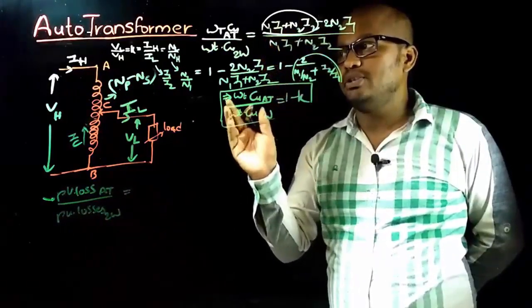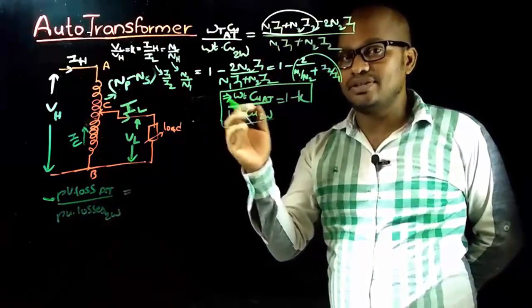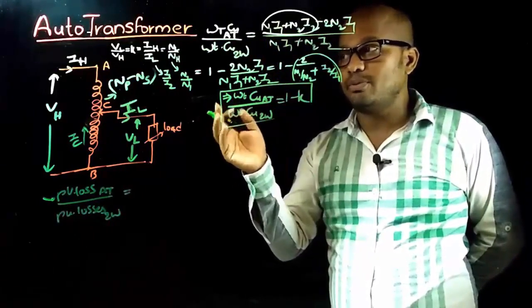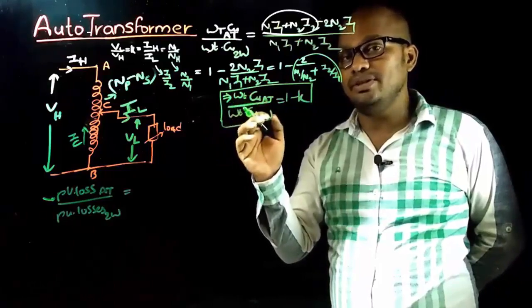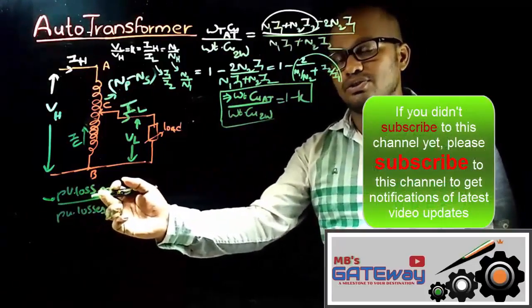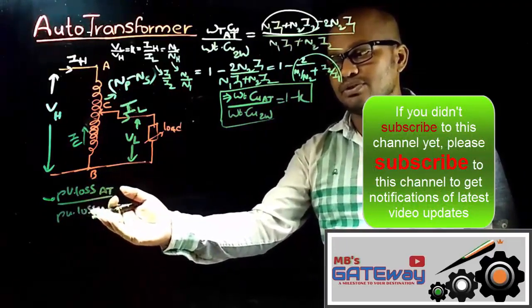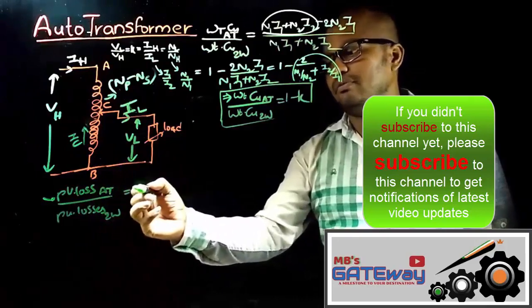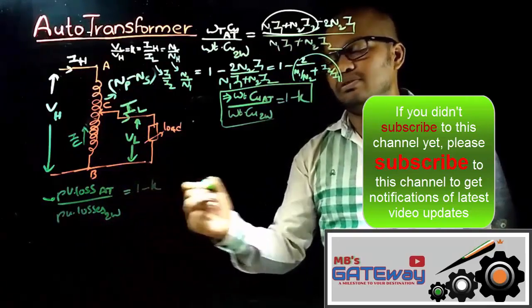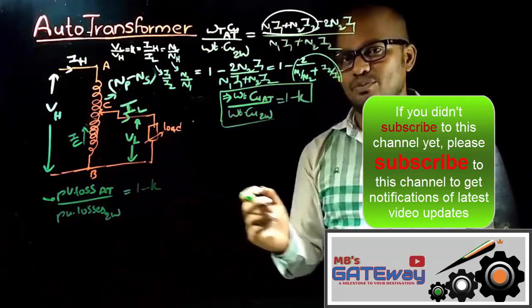As the copper material used in the autotransformer is less when compared with two winding transformer, the copper losses in autotransformer are less. Therefore, per unit losses of autotransformer will be less, so we can equate this relation with 1 minus K, because 1 minus K is less than 1.